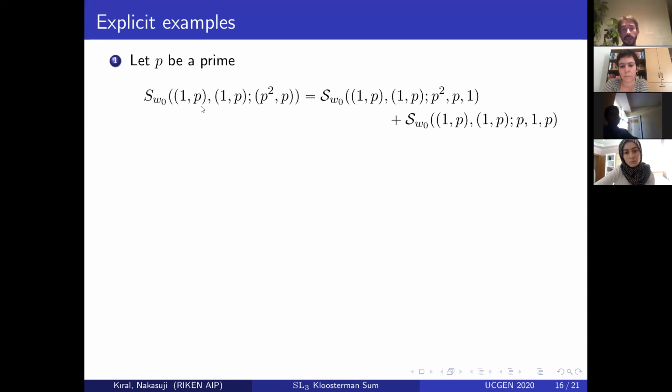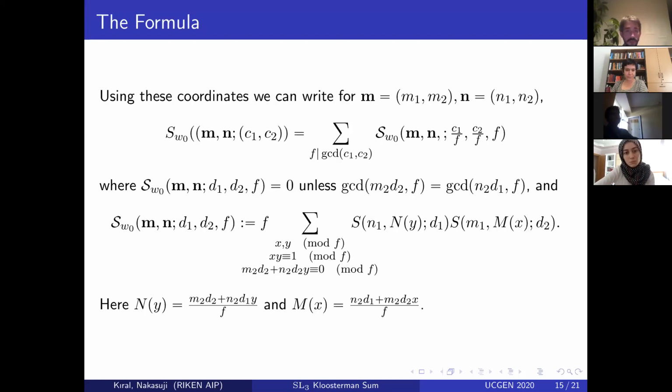So I get the Kloosterman sum decomposed into F. Each of these can be expressed as F times a sum of a product of two classical Kloosterman sums.